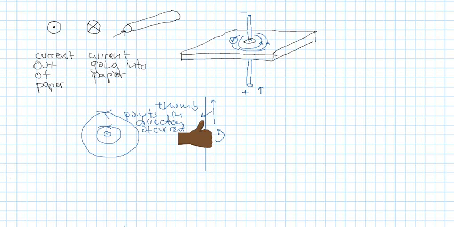And this is called the right thumb rule. It's an easy way of seeing the direction of a magnetic field around a wire in which there is current flowing.